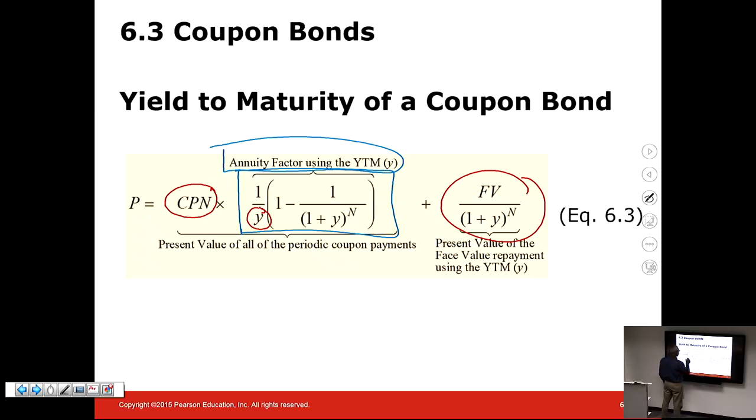We have to figure out what the yield to maturity is, and the future value. Coupon and future value are stated by contract, as is the number of periods. What's the only thing that we have to come up with as an estimate? We have to estimate what the yield to maturity is. If I can find out what the yield to maturity is, then I should be able to price the bond.